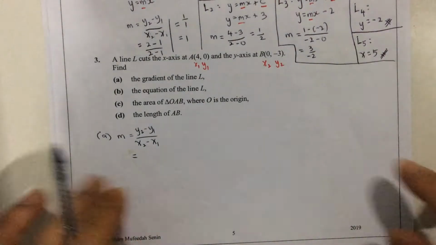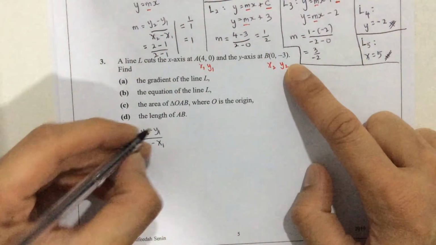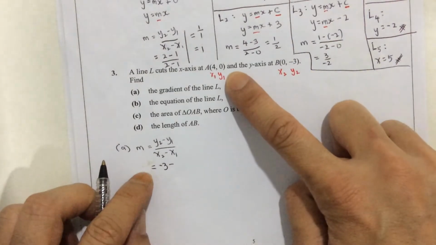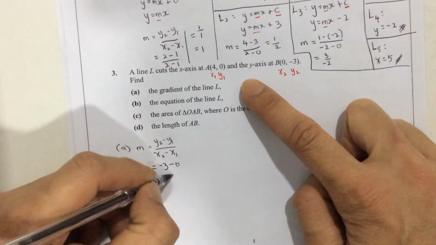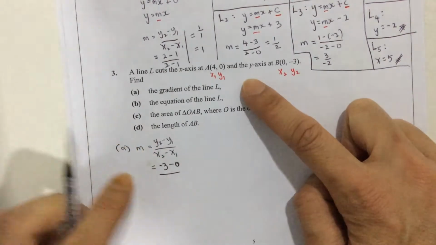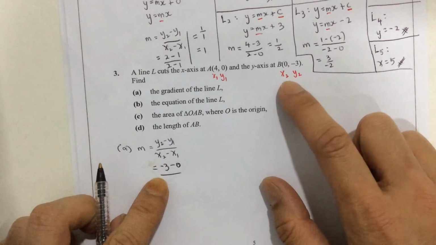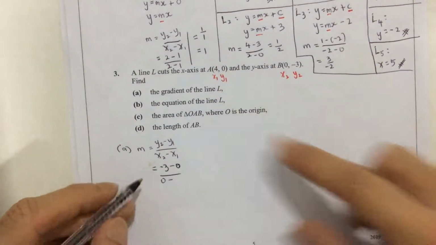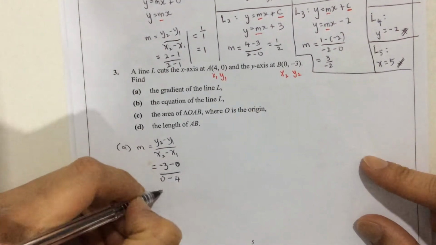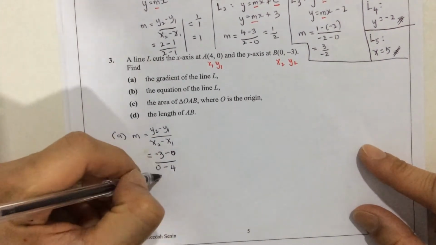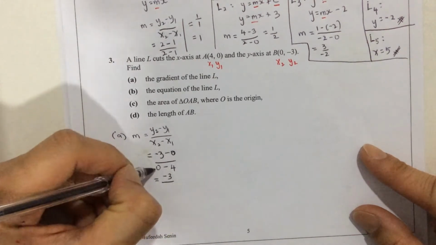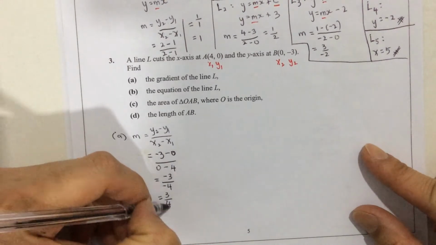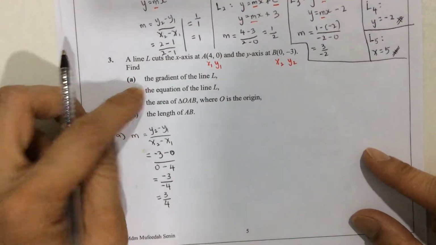So I will put in the value. y2 is -3 here, minus y1, so y1 is 0, and this is followed by x2, which is 0, minus the x1, which is 4. So the gradient of this line, -3 minus 0 is -3, 0 minus 4 is -4. So I'm going to have 3/4 as the value of the gradient of the line.